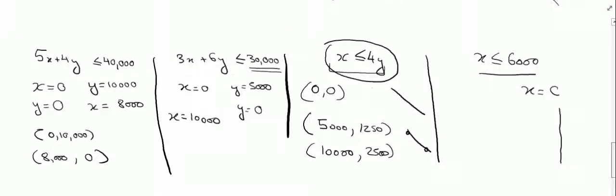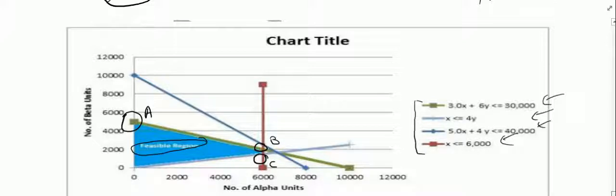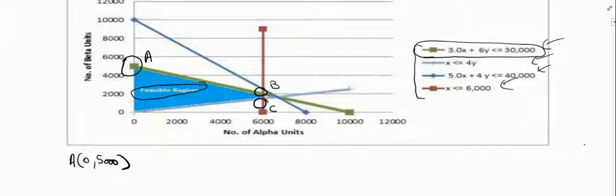A with the y-axis was this, maybe. Let us just confirm. Yes, exactly. If you draw and identify, A will be 0, 5000. So the coordinates of A are 0, 5000, since this green line is intersecting the y-axis.